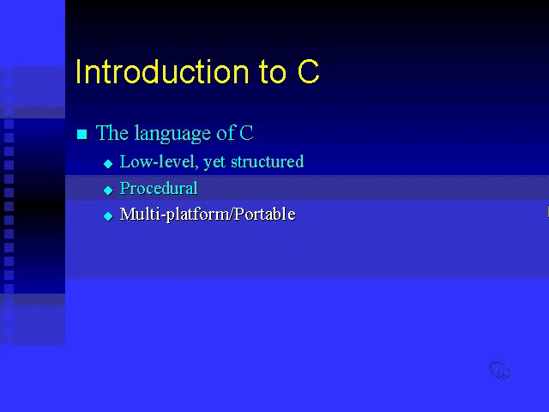C has been around for a long time. I believe that it started back in the 60s, and interestingly enough it was a derivative of the language called B, but we won't be talking about that in this course. C is an incredibly powerful language. In fact, it could almost be said that it's too powerful.